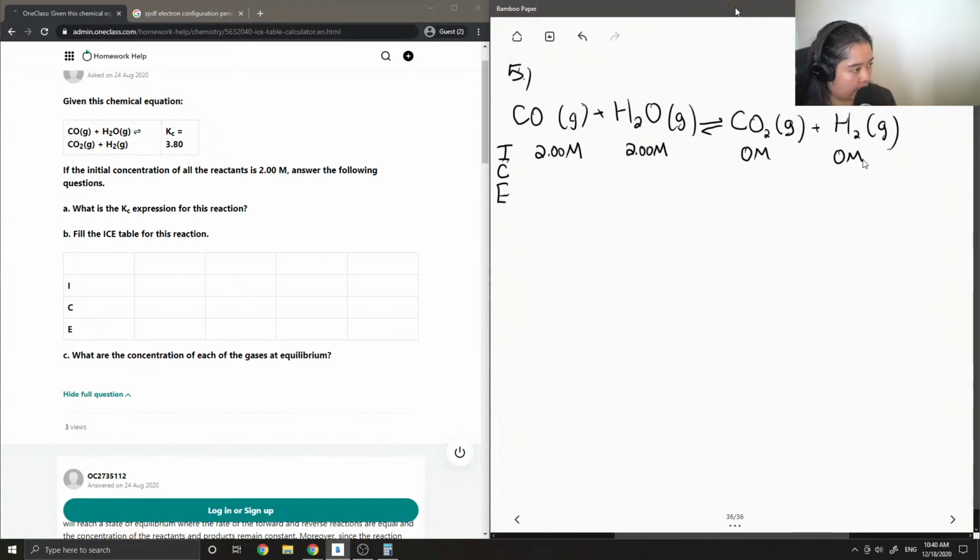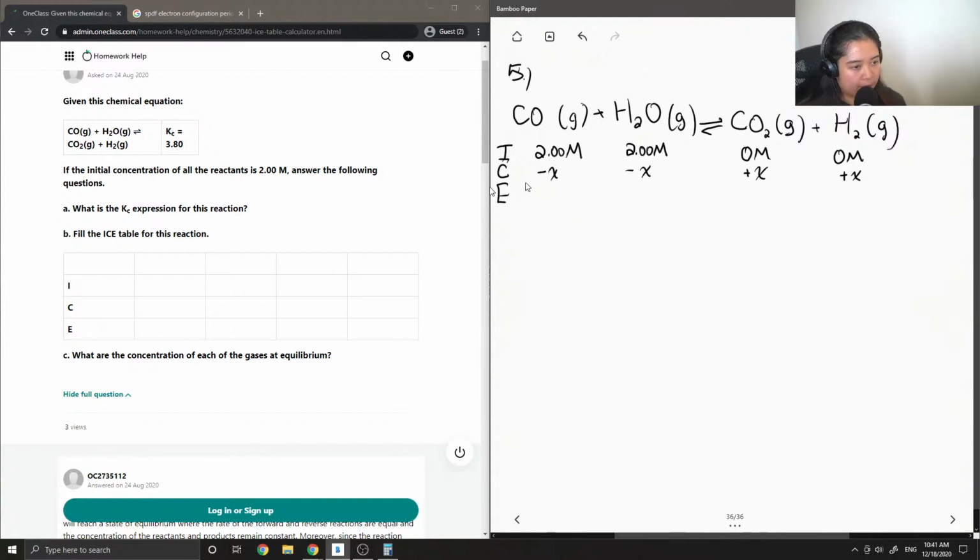Okay, so moving on to the change, for both the reactants, it changes by -x, and for our products, it changes by +x. And we know this because as a reaction progresses, we start to lose our concentration of reactants, and we start to gain more concentration of the products.